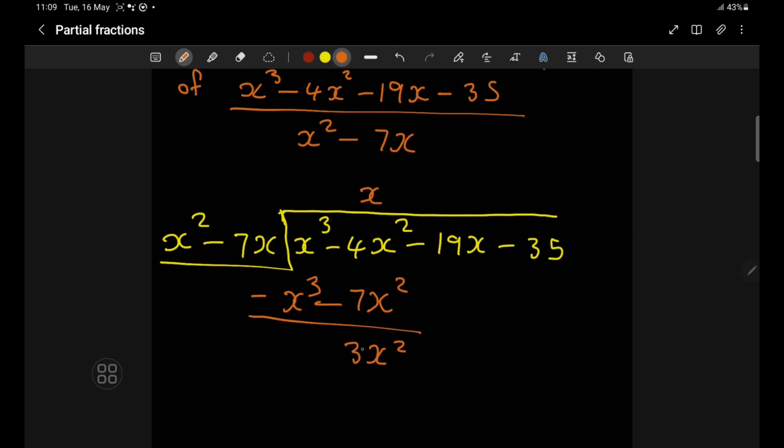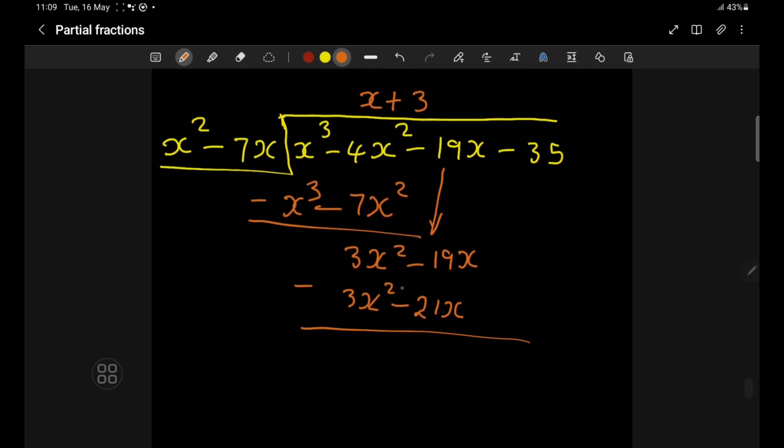Then dividing here, x squared into 3x squared will have plus 3. Then 3 by x squared, we'll have 3x squared, and 3 by negative 7, so we'll have negative 21x. If we drop this one, we'll have 19x.